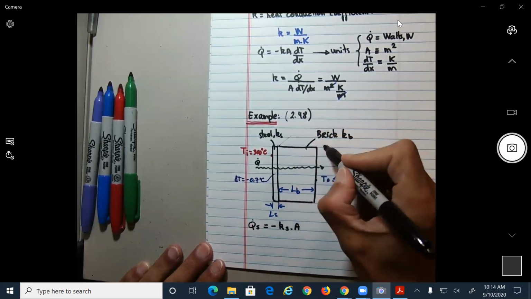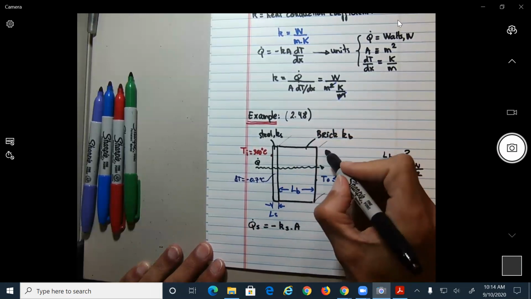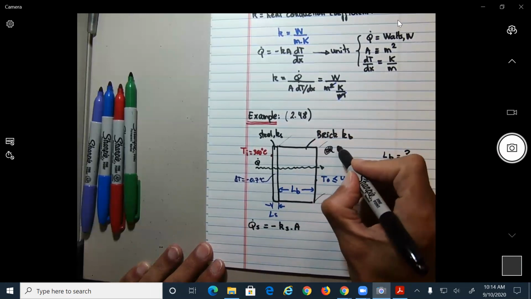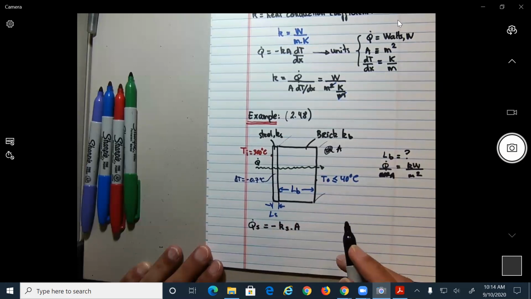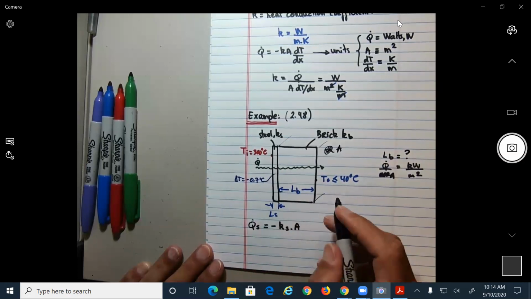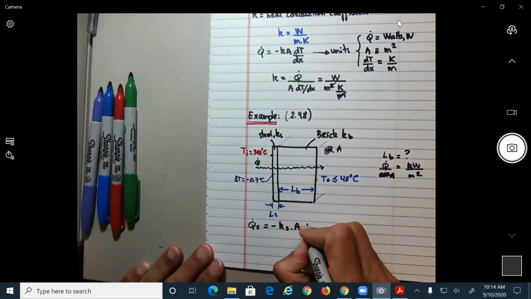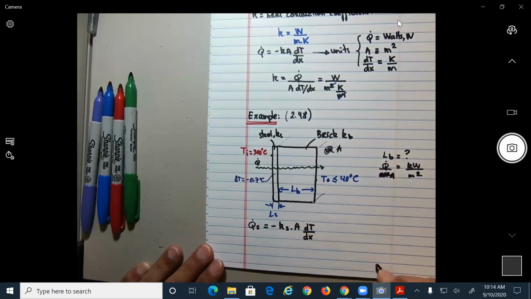Imagine the exposed area will be all this, no? We do it in 3D. So it will be the same for the steel or the brick. And now, the general definition is dT dx. Okay?